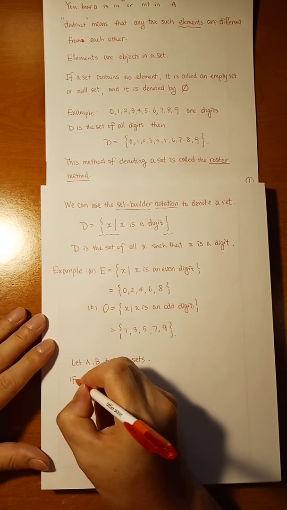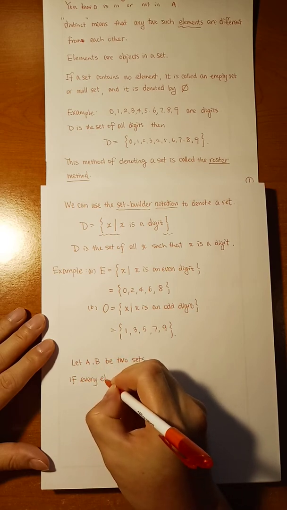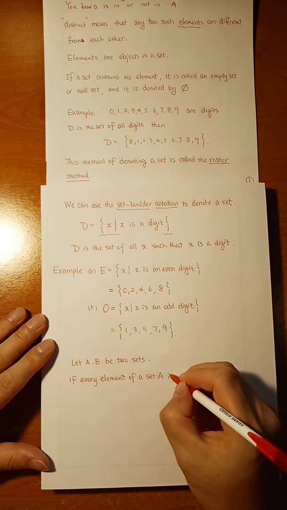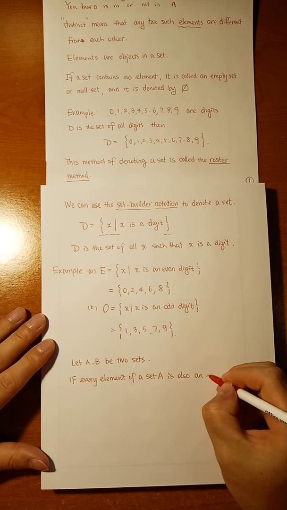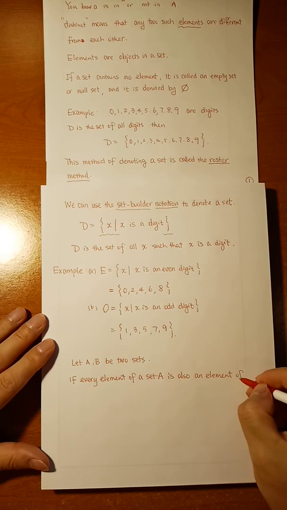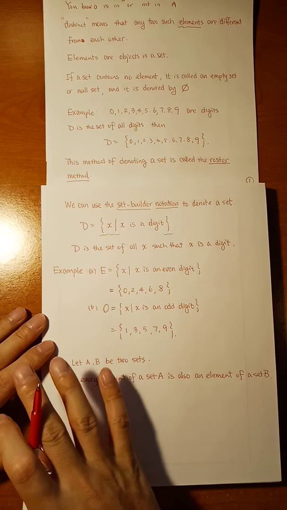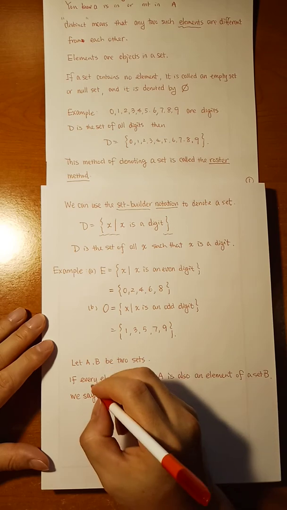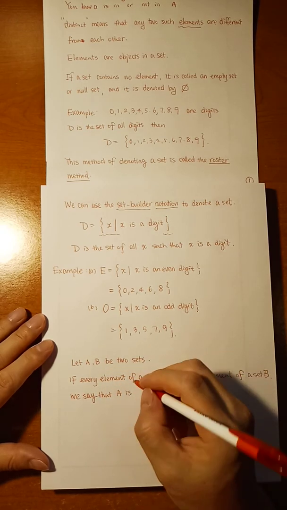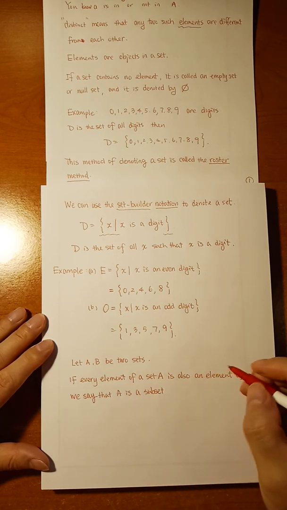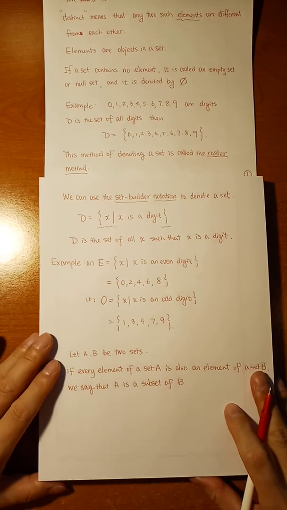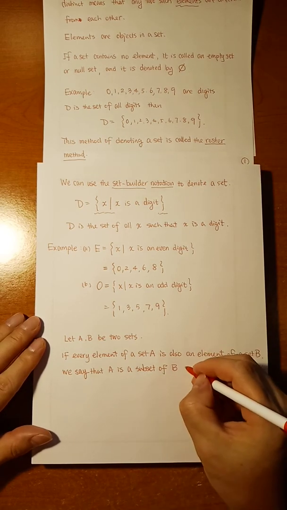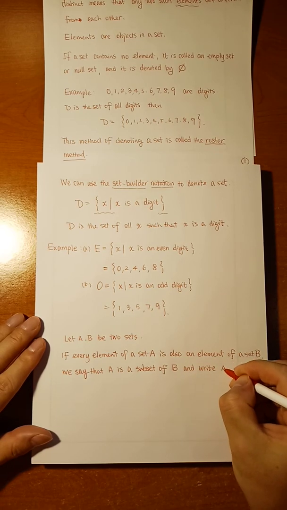If every element of a set A is also an element of a set B. Okay, every element in set A is an element in set B. We say that A is a subset of B, and write A subset of B.